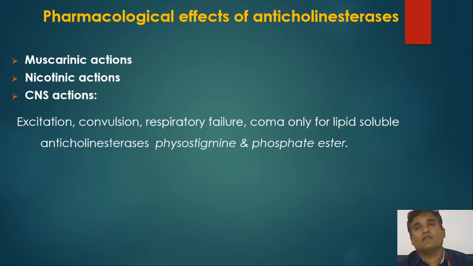We had discussed the exact role of anticholinesterase in inhibiting the activity of this enzyme. When we see the pharmacological effect, the anticholinesterase effect is similar to acetylcholine, because it increases the concentration of acetylcholine and may exert muscarinic and nicotinic effects.